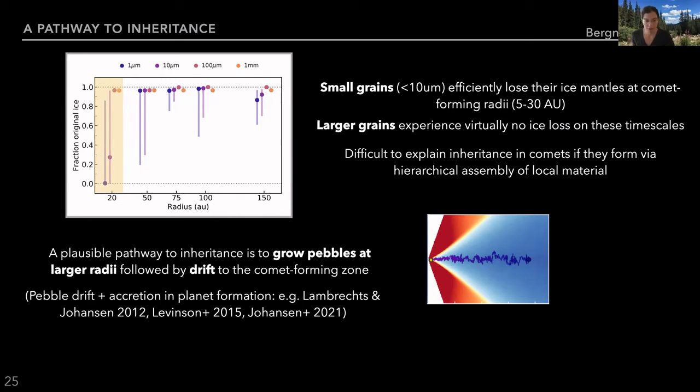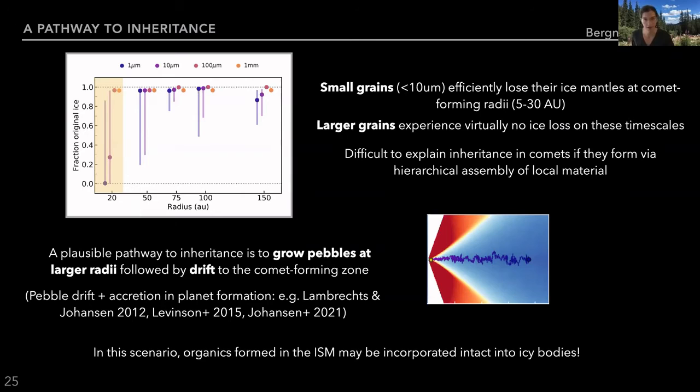So this pebble drift and pebble accretion framework is gaining steam as a way to explain planet formation physics in our solar system and others. And I think it's really exciting that here we have independent chemical evidence that also supports that this framework is at play. I also want to note that in this scenario, we do have a real connection between the organics that are formed in the interstellar medium and that are incorporated into icy bodies.